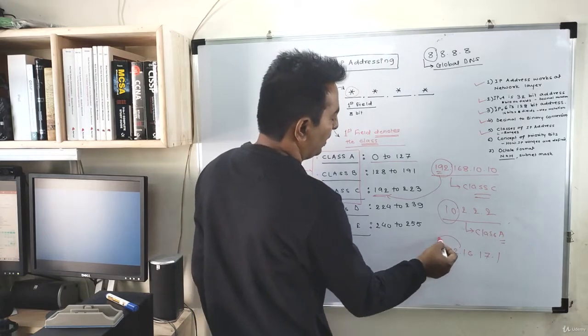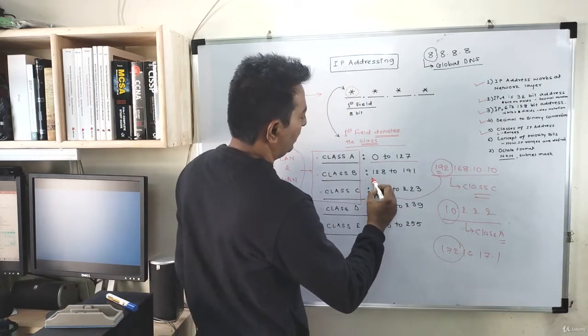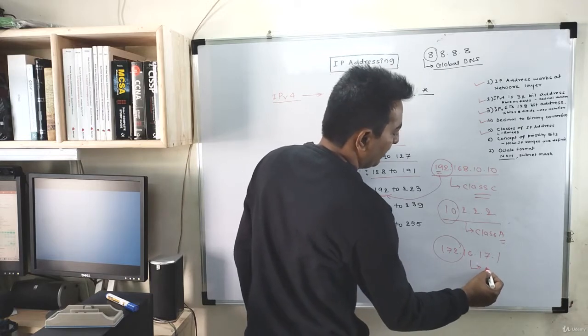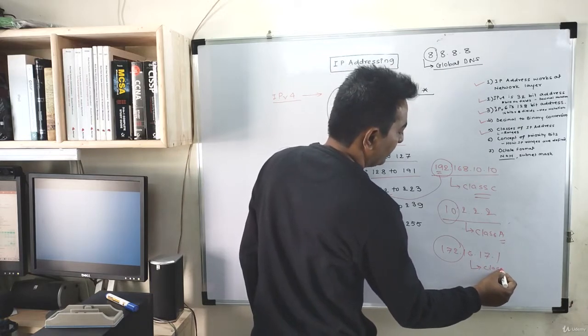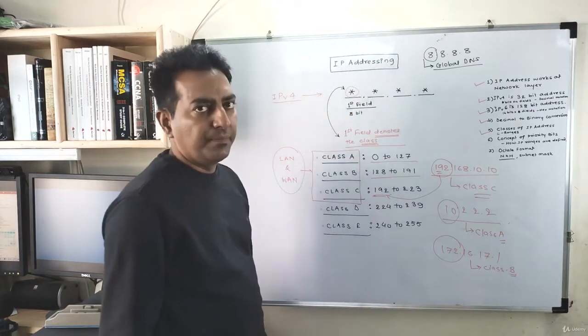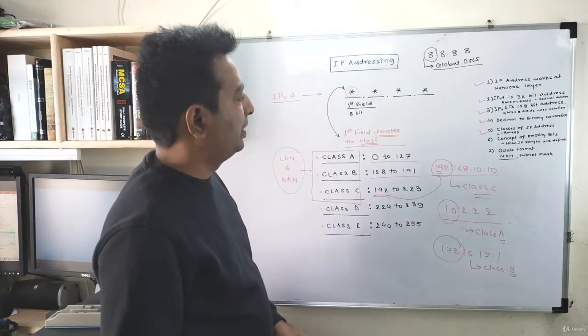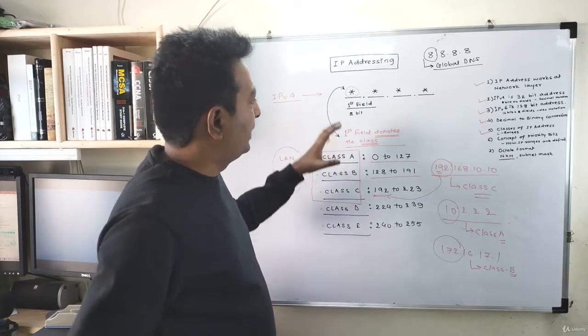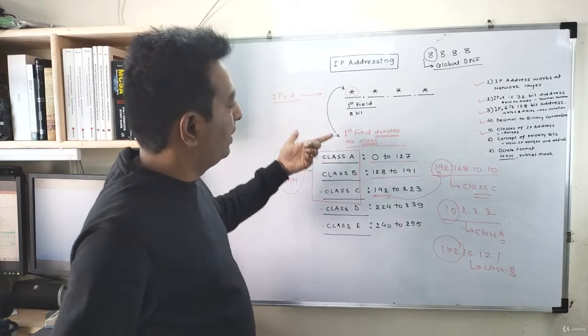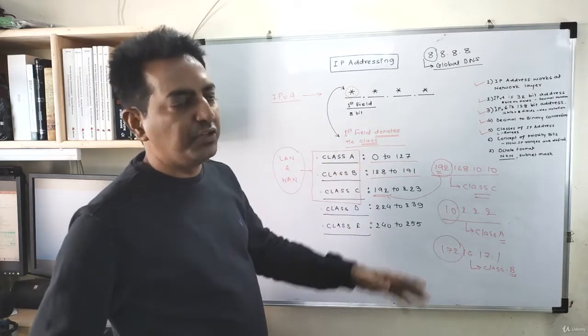So this number falls into this range. So that is why this IP is considered a class B IP. So I hope you understood how the classes in IPv4 are defined and what their ranges are.